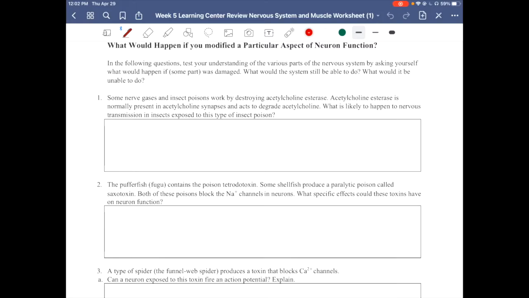All right, so in this question, they're talking about acetylcholine and a neurotoxic product that's going to affect that. So first we need to know what acetylcholine is, right? In the central nervous system, acetylcholine can cause inhibition or excitation of the postsynaptic neuron, but which one it is going to depend on the receptor.